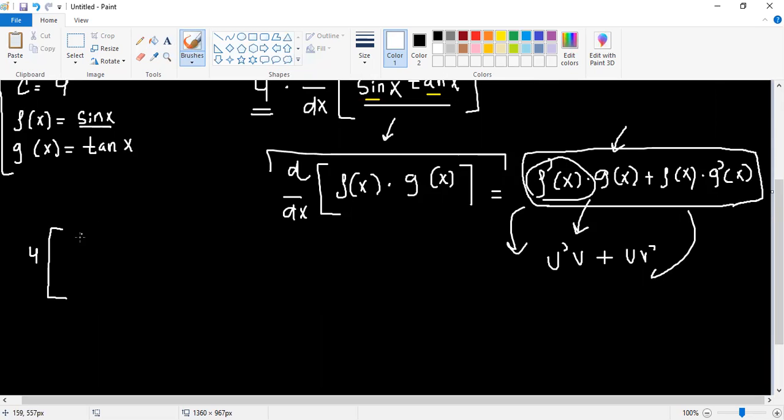So we take the derivative of sine of x. So we would actually be doing d over dx of sine of x, right?